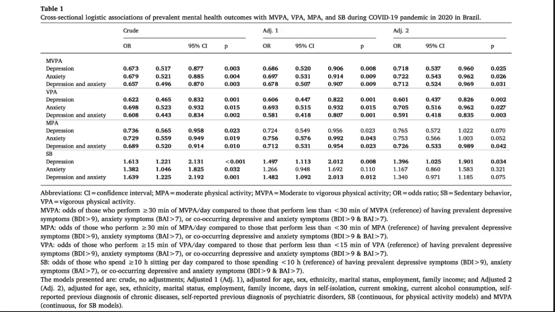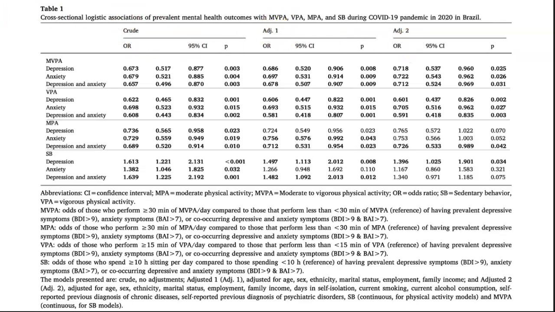And so you can see how the models are adjusted for different things. The crude is not adjusted for anything. It's just looking at the plain relationship between an independent and a dependent variable. The adjusted is adjusting for certain covariates. And then the last model, adjusted 2, is adjusting for all of the things in the adjusted 1 plus some additional covariates. So that's what these crude, adjusted 1, and adjusted 2 mean here at the top.